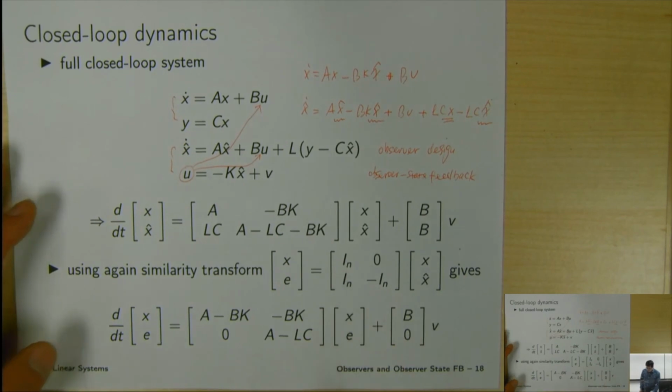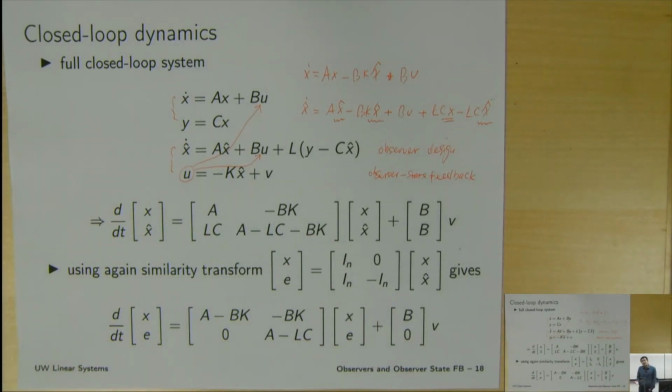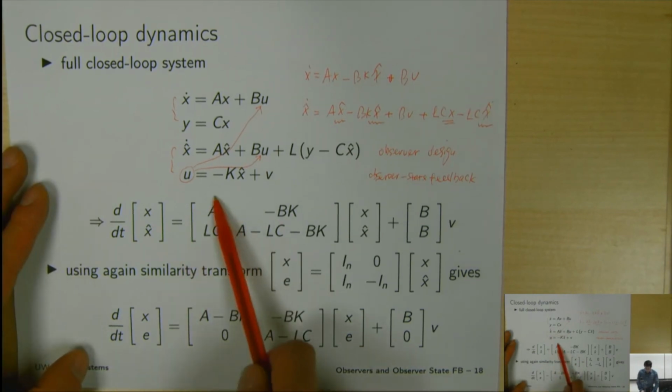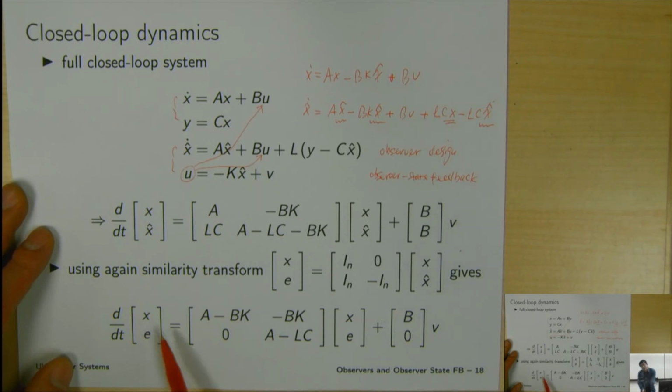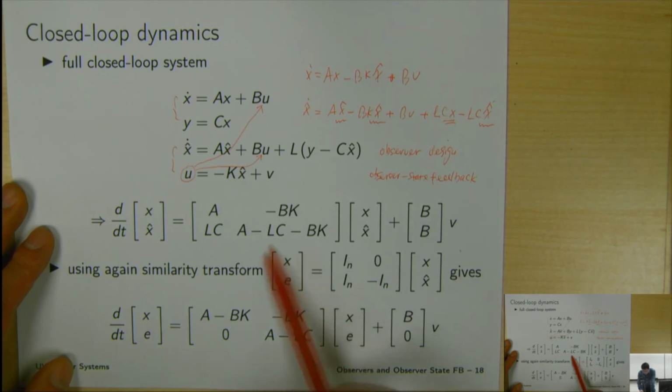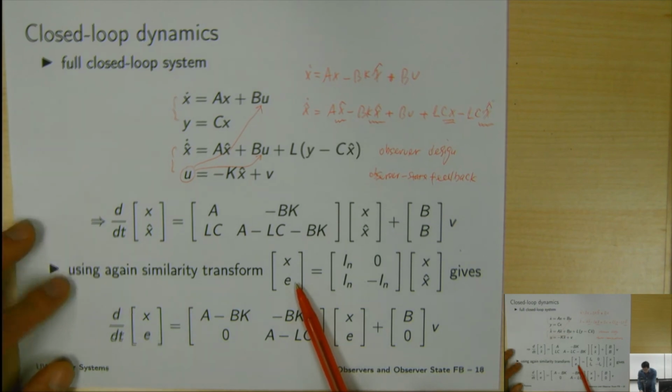All right, so this overall augmented closed loop system now has a lot of non-zero terms in the A matrix. But it turns out that we can also get a very clear picture of the closed loop eigenvalues by analyzing, again, just the error dynamics. This is again from the similarity transform, by looking at the system state from the x and e perspective.